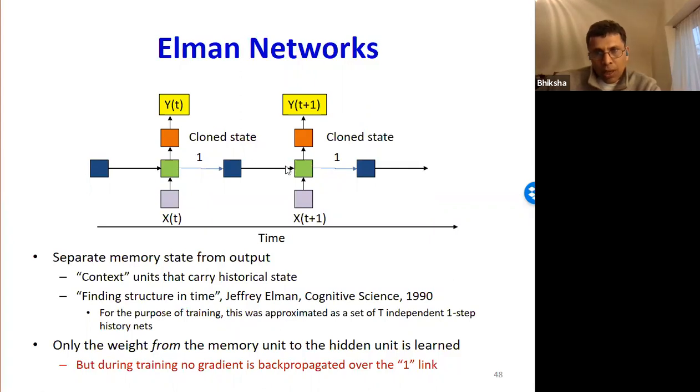And so because the memory unit simply copies the hidden state over at each time, this is actually like many independent computations, one per time instant. Again, there is no backpropagation going past this point. During the forward pass, it copies it over. So during backprop, you would be updating these weights and this weight, but the derivatives would not be going past this.